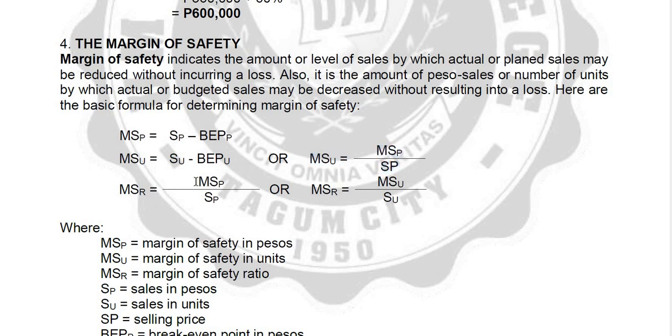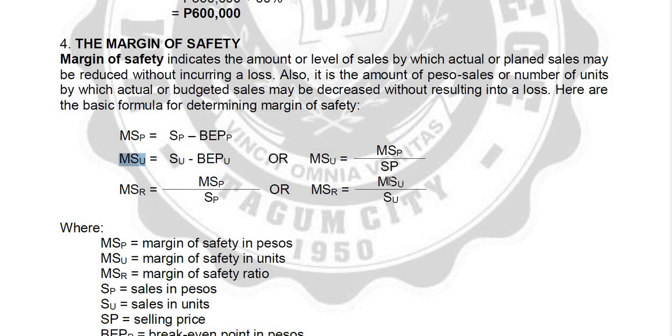So whatever is your margin of safety, you divide it by the sales volume in terms of peso, then you'll get your margin of safety ratio, or margin of safety in terms of units, then you divide it by the margin of safety per peso. So dapat ito margin of safety in terms of peso value. So parang dapat ganito siya para makuha.